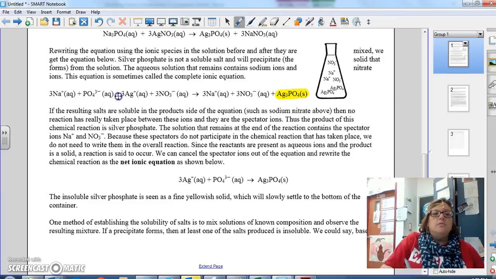So find the silver and find the phosphate, and your net ionic equation is just the silver and the phosphate making silver phosphate. Everything else, the sodium's the same on both sides, and the nitrates are the same on both sides. They are what we call spectator ions. They're just sitting back and watching. All right, that's called dissociation.